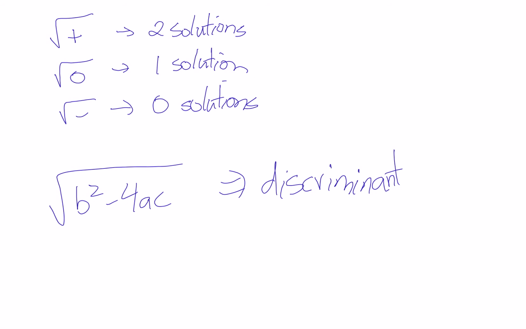Okay, and let's do one more example. In a lot of cases, when we factored, remember we could get questions that just didn't factor. Now we're going to look at questions where you might not be able to factor them, but the formula will still work.